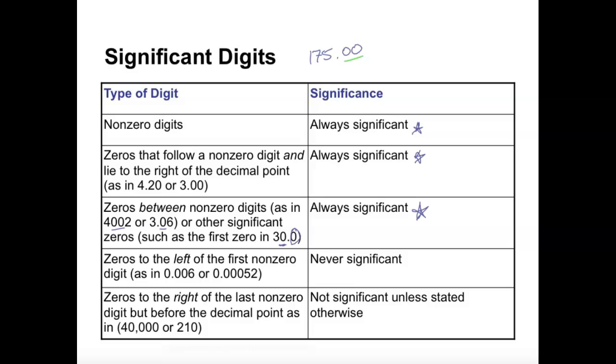All right, so what are not significant? Zeros to the left of the first non-zero digit. So for example, this number has 1 significant digit. This value, the 0.00052, has 2 significant digits.